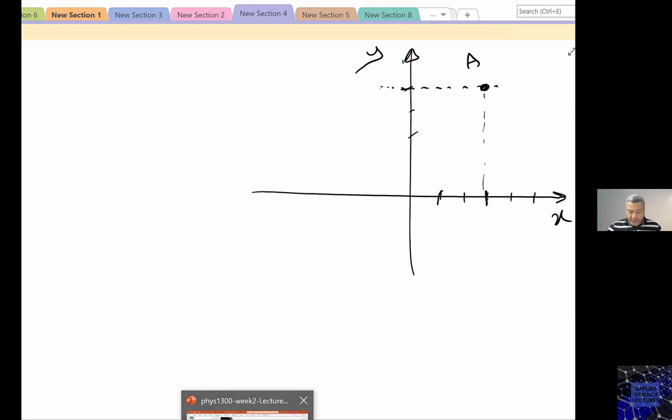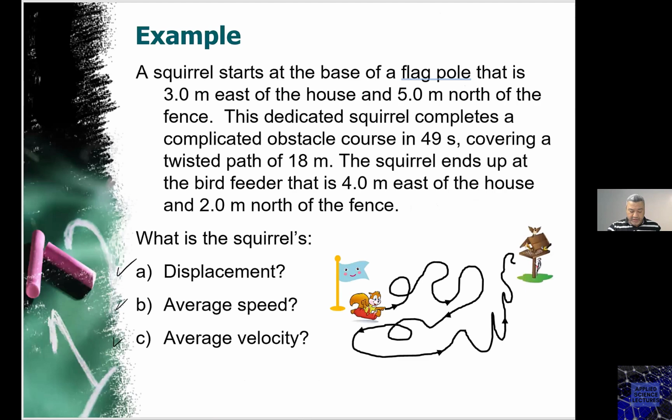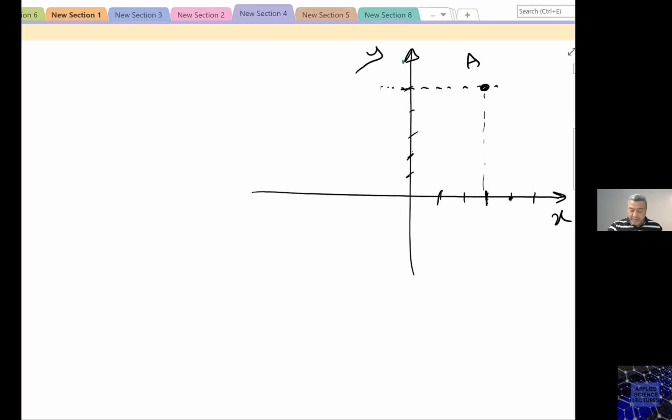And my second point was 4 east and 2, 4 east and 2 north. So this is the second one. So we have here the first vector. So this is similar to what we have done.